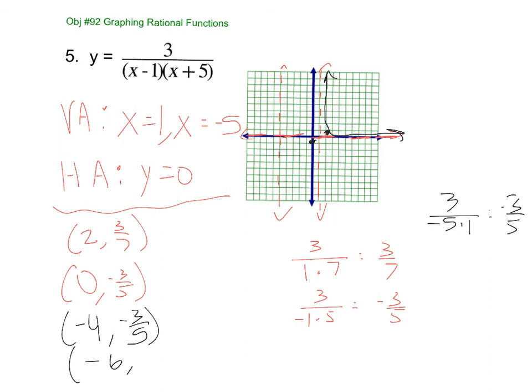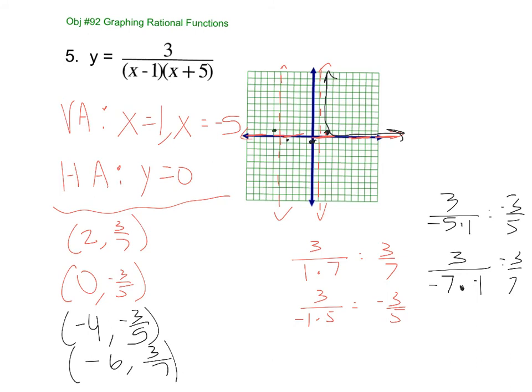And then if we plug in negative 6, we get negative 7 times negative 1, which is 3 over 7. So negative 4, negative 3/5, and negative 6, 3/7.